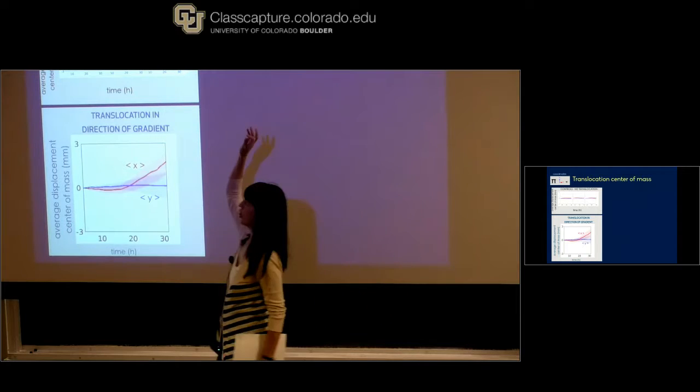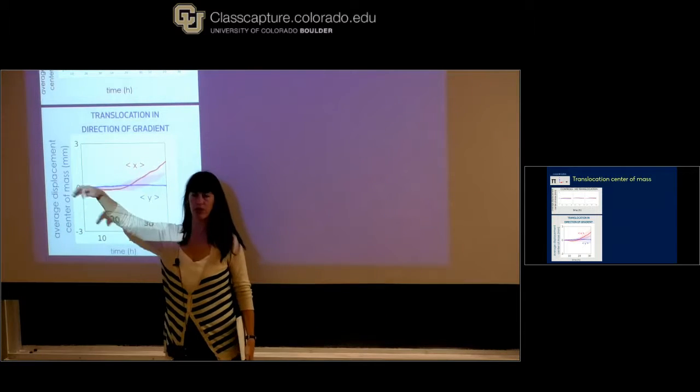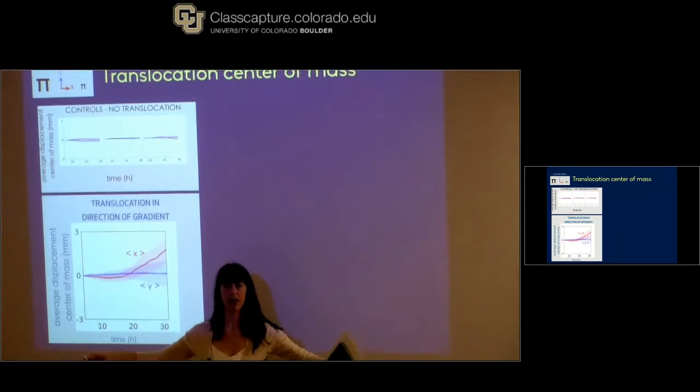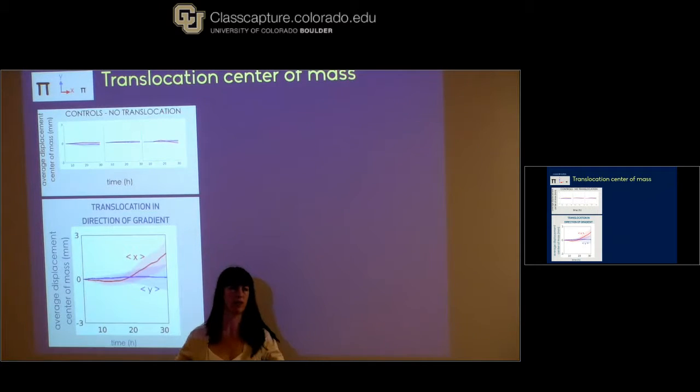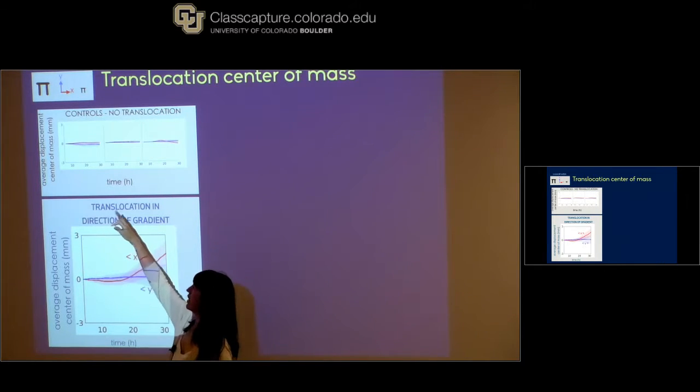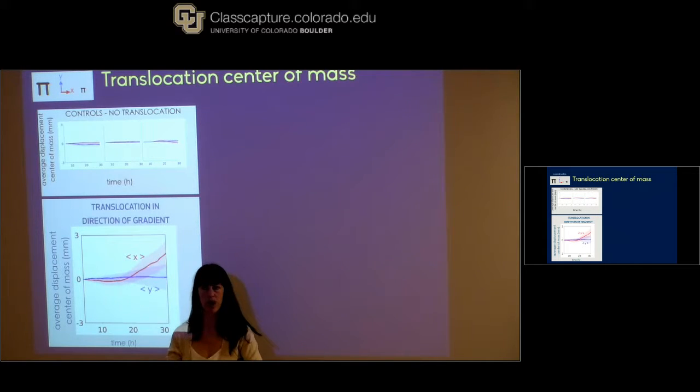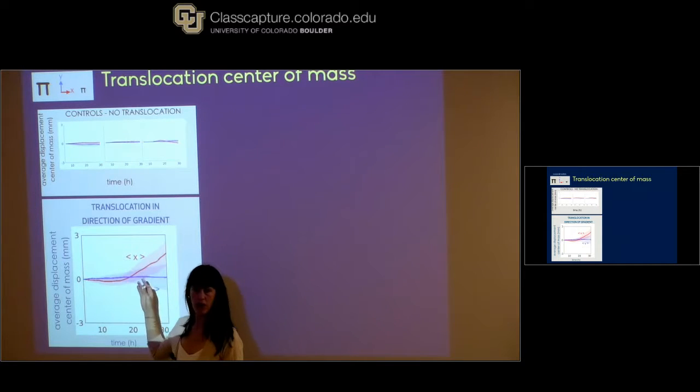So essentially in a few years we were able to create osmotic pressure gradients in an agar gel, and then we looked at biofilms on this agar gel that was heterogeneous. And what we found out is that in control gradients, the center of mass of the biofilm does not shift in any way. But if you impose osmotic gradients in the environment, then the biofilm translocates.